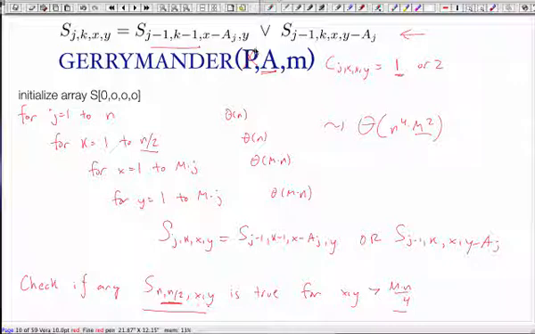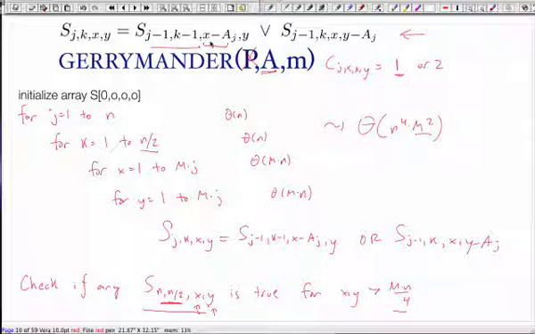Very good question. Let me repeat it for the audio. The question is, why do we have to be so precise about this quantity? Because in the end, all we care about is whether there's a majority. So why not define this variable so that it's true if there are at least this many people?